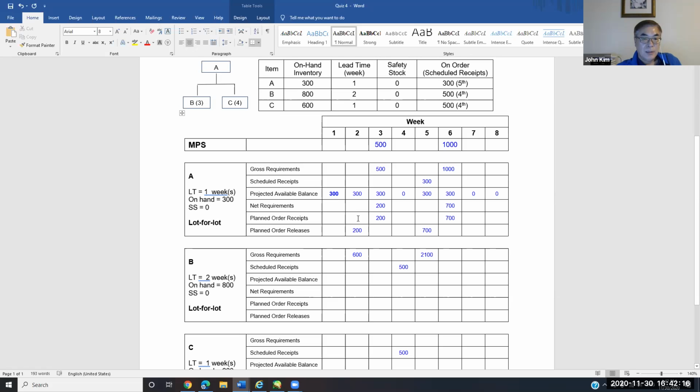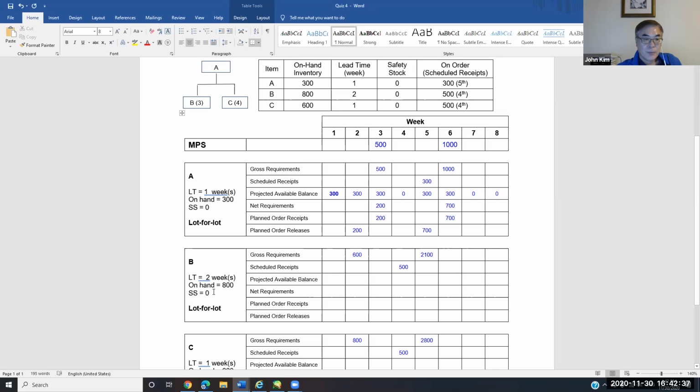C, same thing here, 200 times 4 equals 800. 700 times 4 is 2,800.